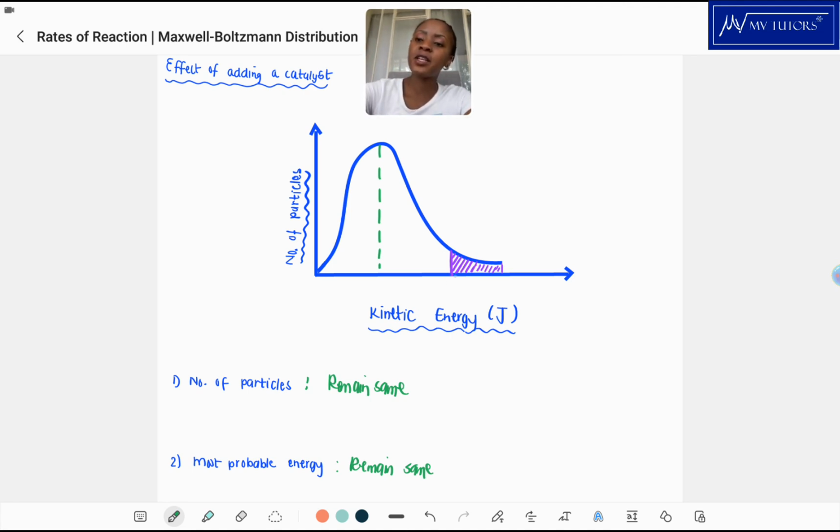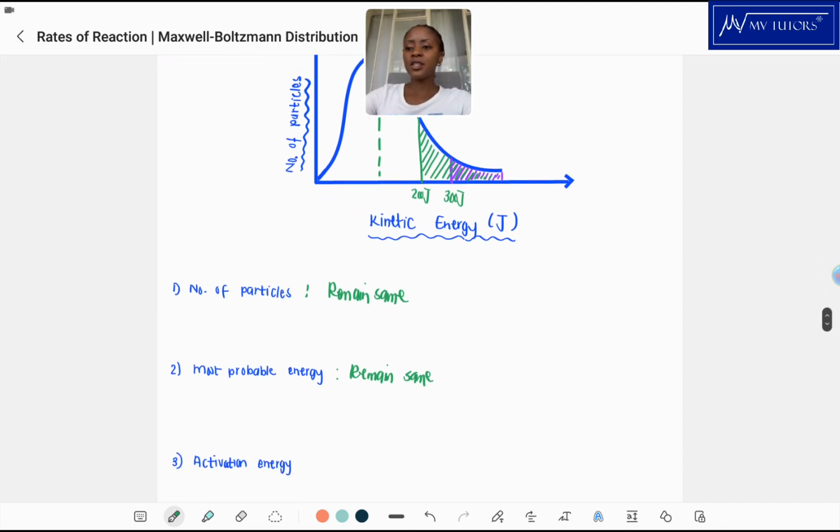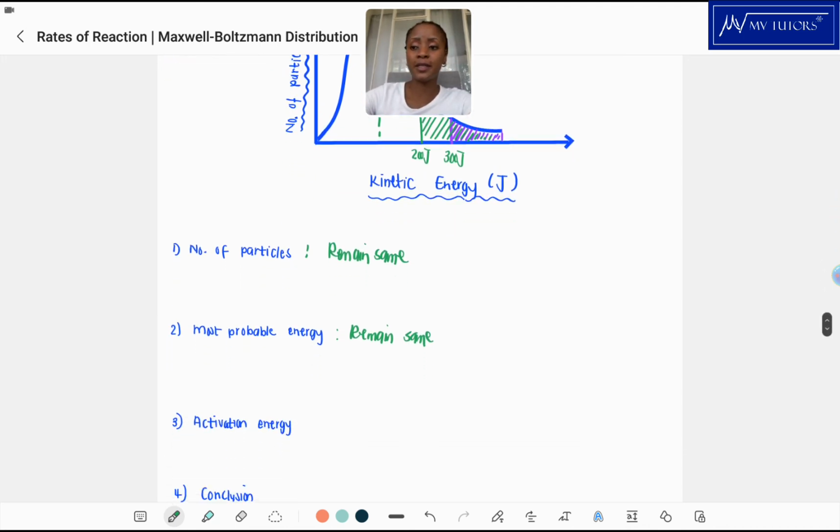So if the activation energy before was 300 joules, what the catalyst does, it lowers it maybe to like 200 joules. Okay, so yes, the activation energy has been lowered.